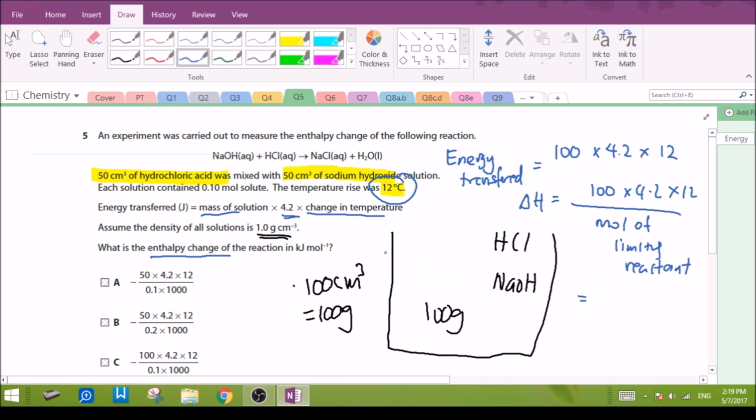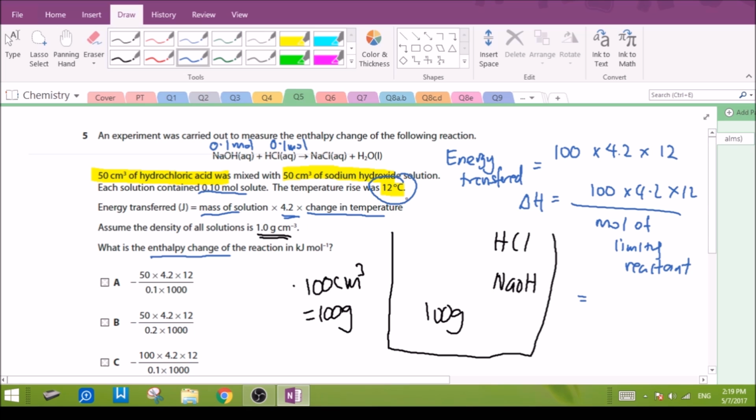So let's look at the number of moles that are involved here. Each solution contains 0.1 moles of solute, so it means that we use 0.1 moles of sodium hydroxide and 0.1 moles of acid. In this case, either of them can be used as a limiting reactant. Neither of them is in excess.